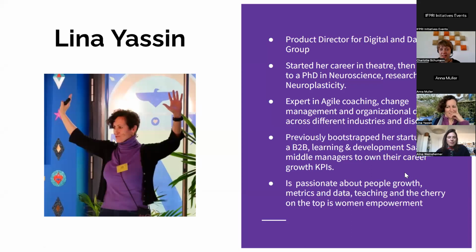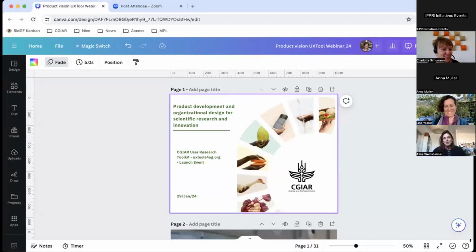She's an expert in agile coaching, change management, and organizational design, and has previously bootstrapped startups. For example, her startup New, a B2B learning and development software as a service enterprise targeting managers. And she's very passionate about people growth, metrics and data, teaching, and women empowerment. Very welcome, Lina. And we're very glad to have you.